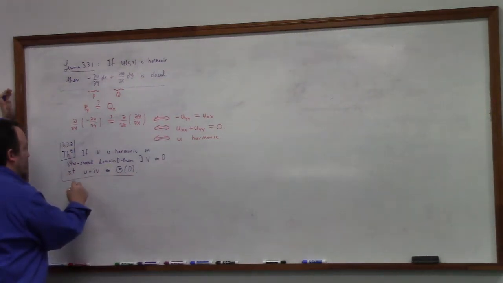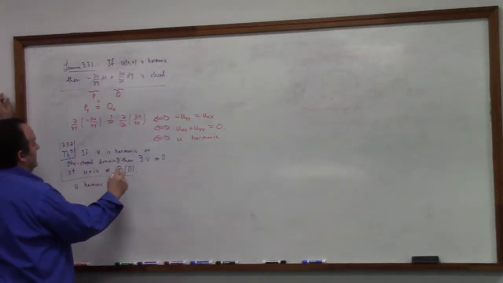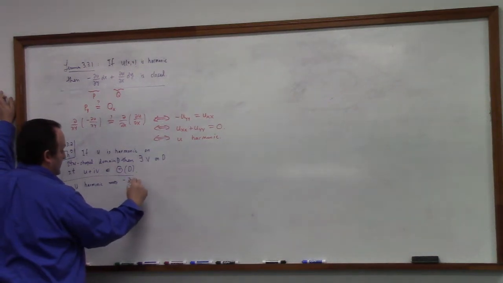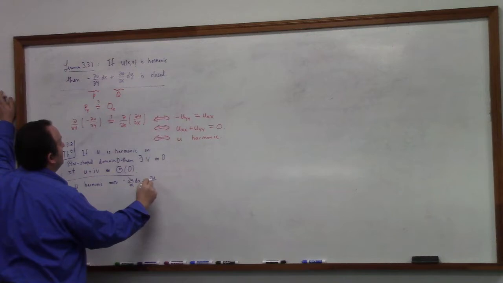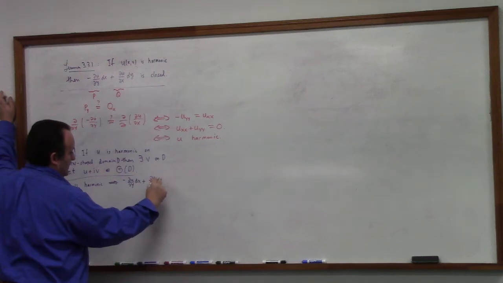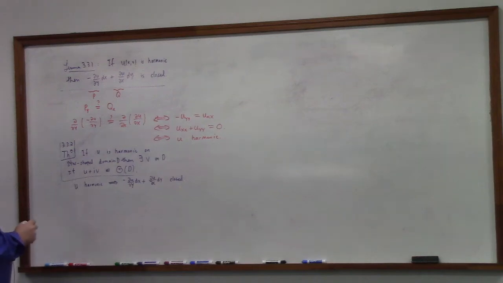So we know u harmonic implies minus partial u partial y dx plus partial u partial x dy is closed. Oh, good grief, y, not x. Closed on D.